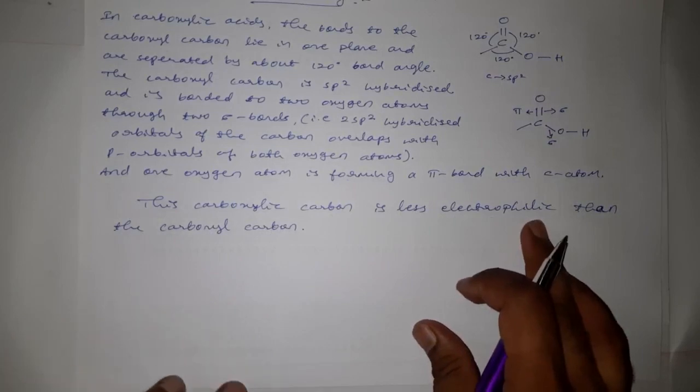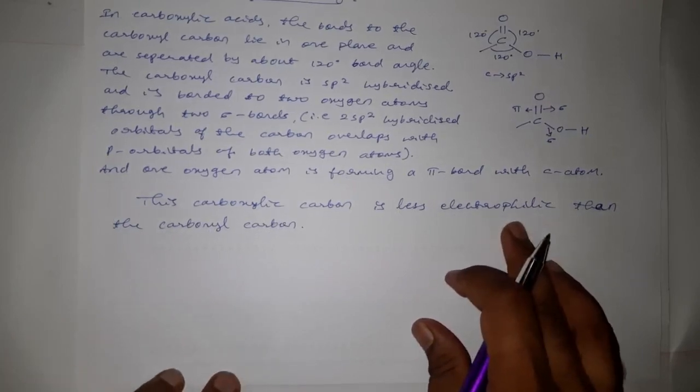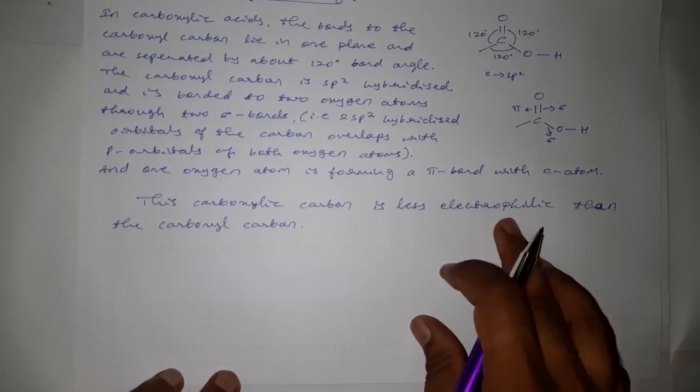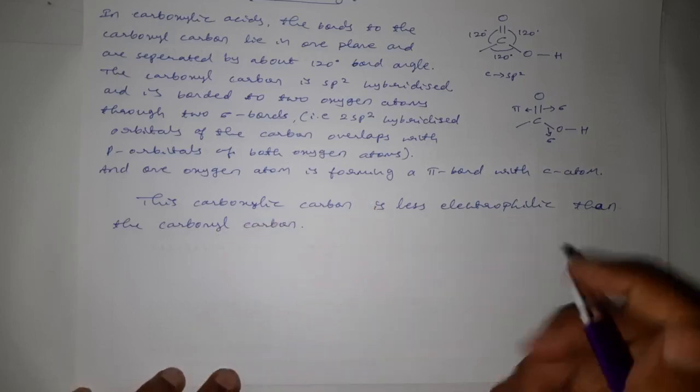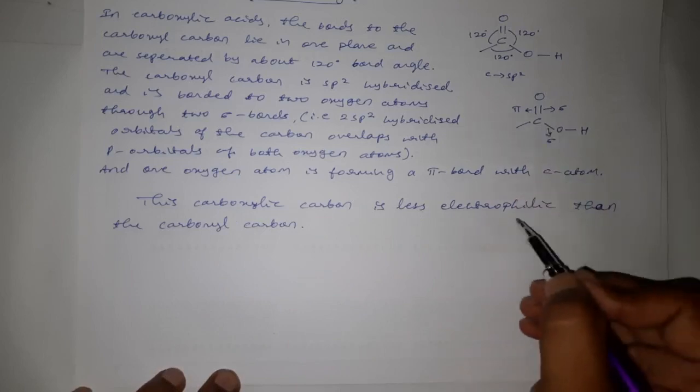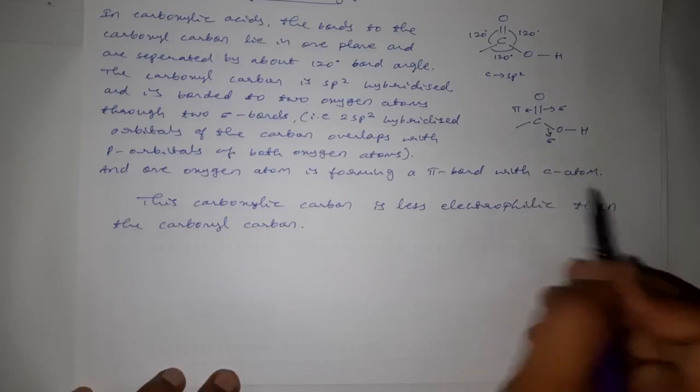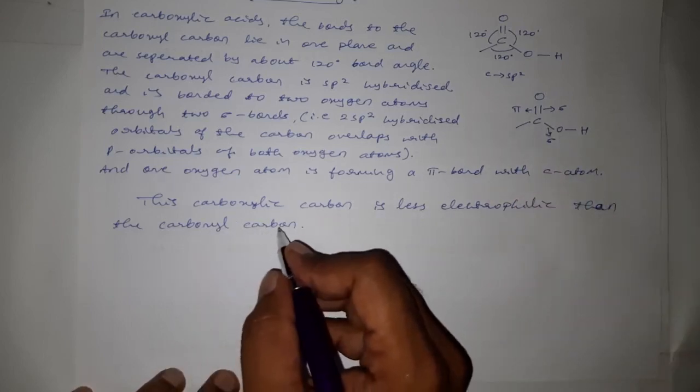Electrophilic means the affinity towards electron rich centers. Electrophilic means it has an electron deficiency and is looking for electron rich species. And here they are telling that the carboxylic carbon, that is this carbon, is less electrophilic than the carbonyl carbon.